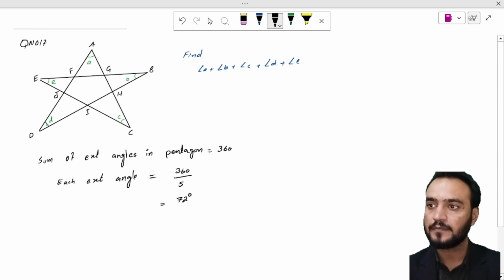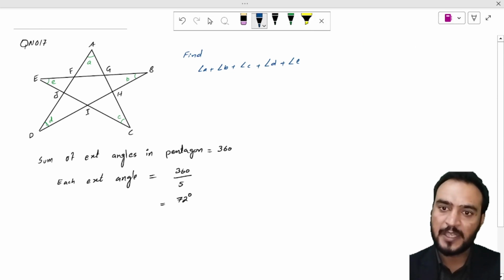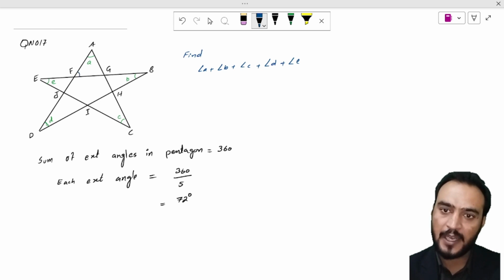So it means that the angle at point F is equal to 72 degrees, and the angle at point G, which is the exterior angle of this pentagon FGHIJ, is also 72 degrees. Now we know two angles in the triangle AFG.